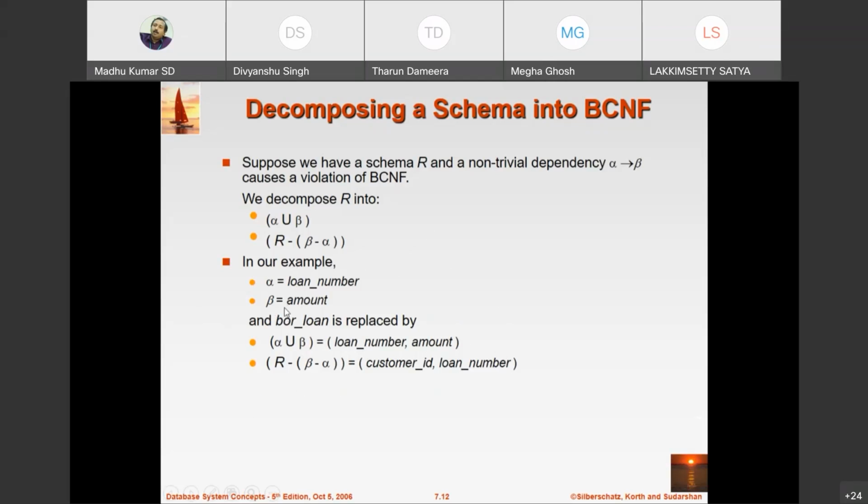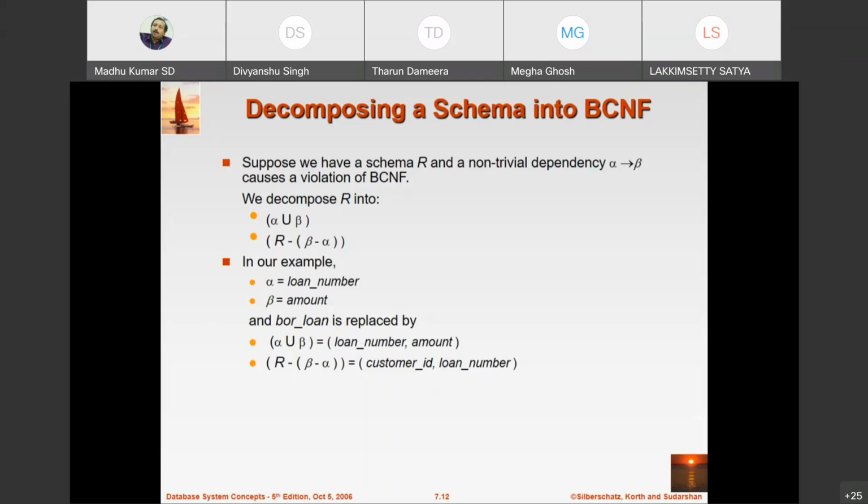You can see here a functional dependency where alpha is the loan number and beta is the amount, and loan number determines amount. So you decompose such that alpha union beta, loan number and amount, becomes one table, and customer ID plus loan number, that is without the amount, forms another table.